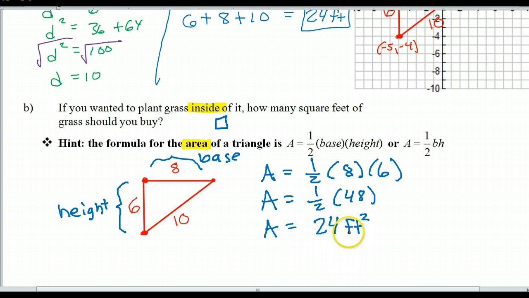We write it this way by putting 24 and then feet squared, but we'd say it 24 square feet. That means 24 little 1 foot by 1 foot squares, 24 of these would fit inside of here. It would take 24 of these exactly to cover up this space. So that's how you do it.